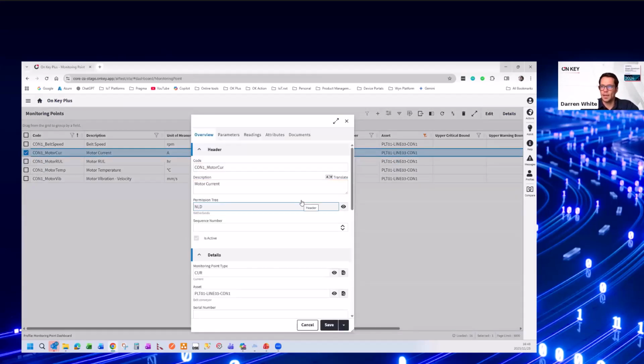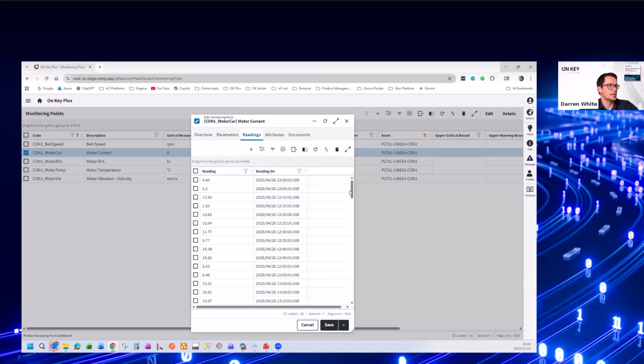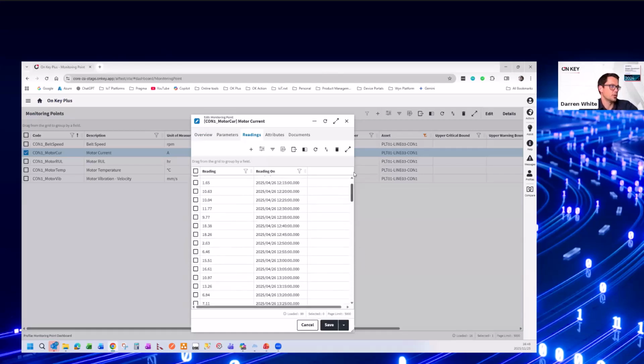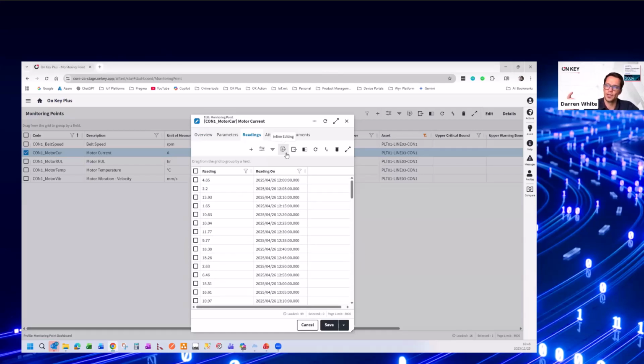Now, motor current data was pushed into OnKey using OnKey's APIs from IoT solutions and sensors. And here are the readings that drive the alarm triggering mechanism. So there's all the data that was pushed into OnKey, and then those monitoring point triggers where you set up the expression logic will then create an alarm based on the readings that were received into the system.